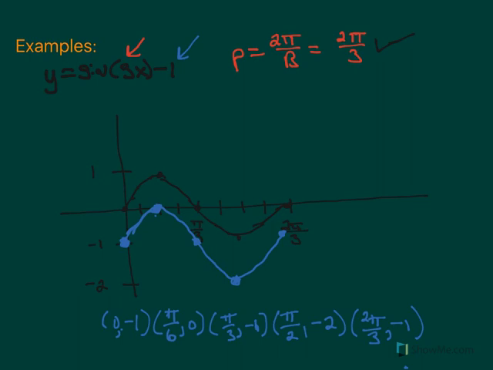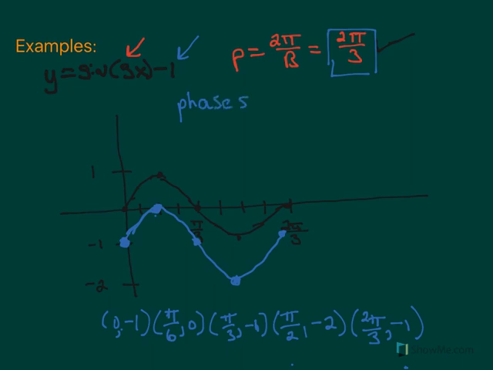And other questions that they might ask you for the period. If they ask you for the period, you pretty much have to answer that to do the question. So your period would be here. Your phase shift, if you wanted to answer the question on the phase shift.